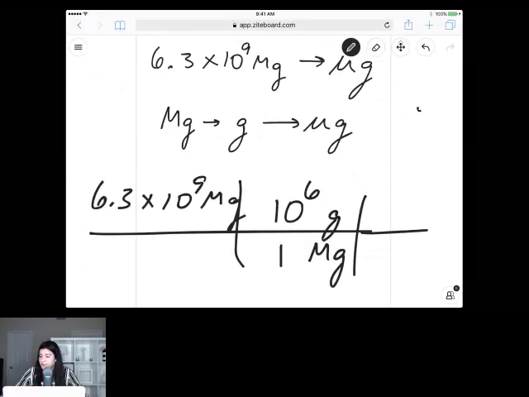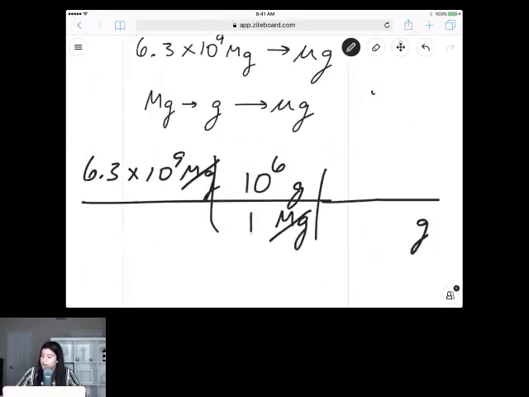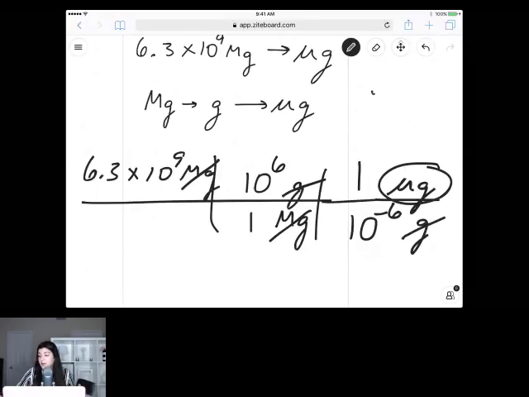Then those megagrams would cancel and grams would be on the bottom here. Micro would be on top, and once again our different unit would have the 1. Our grams, or our base unit, would have the 10 to the negative 6. That would be it. The grams cancel and we have micrograms on top, which is what we're solving for. So we multiply straight across and divide by 10 to the negative 6.